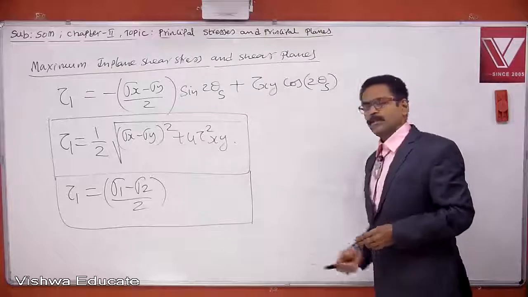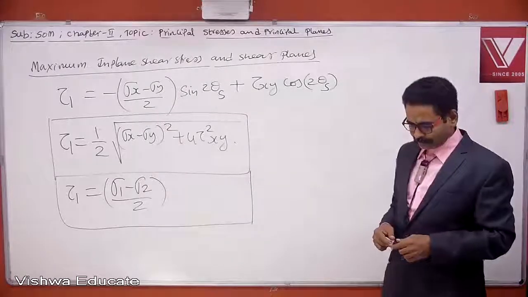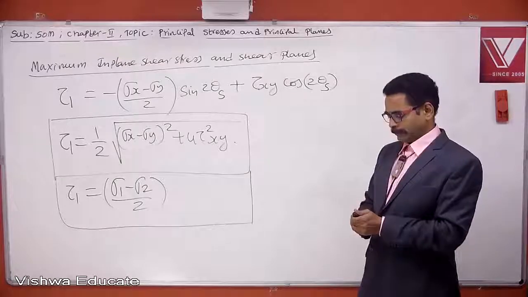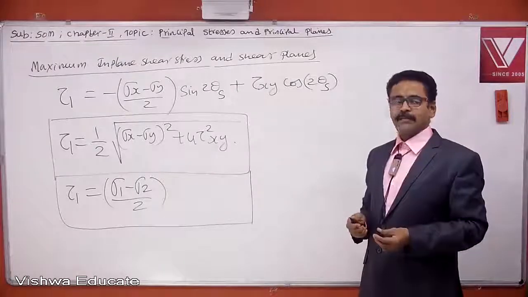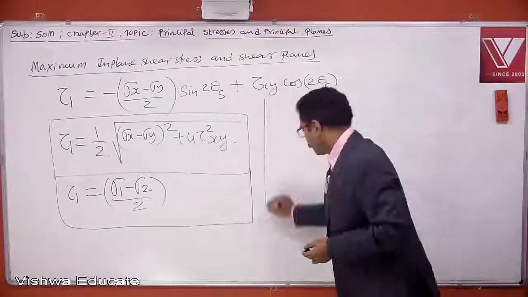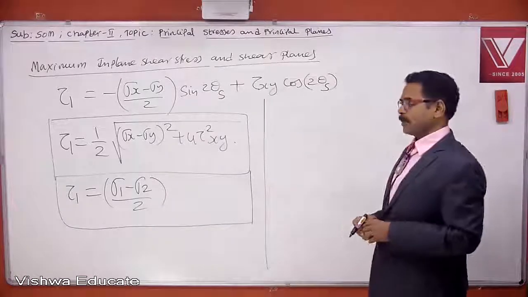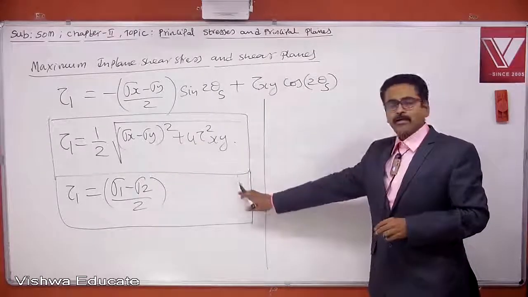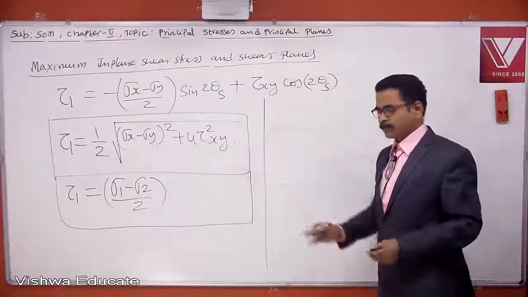So, please copy these 3 steps. We just derived a formula for maximum in-plane shear. Either this formula you may use, or this formula you can use. Any of these 2 formulas you can use.